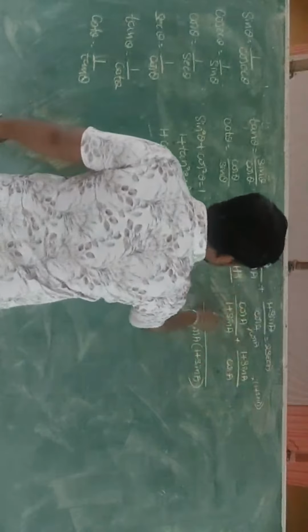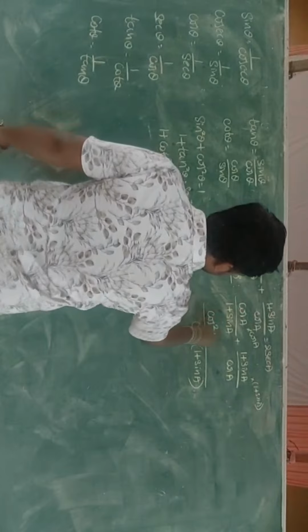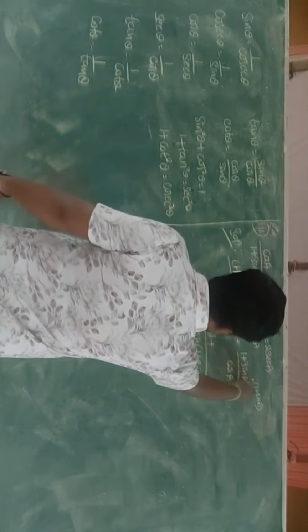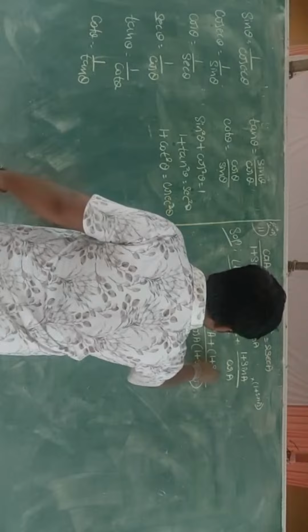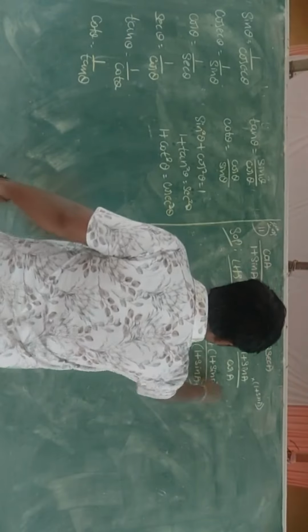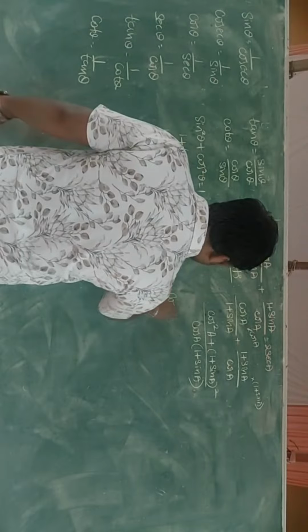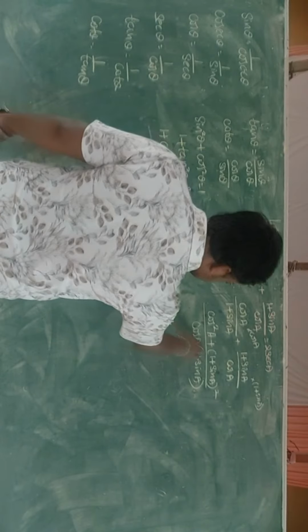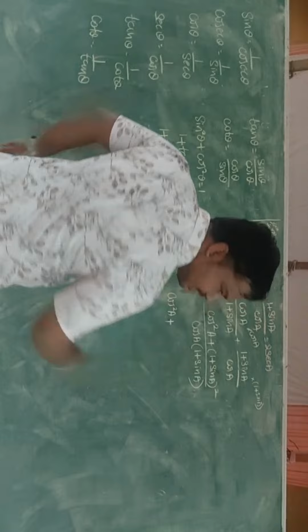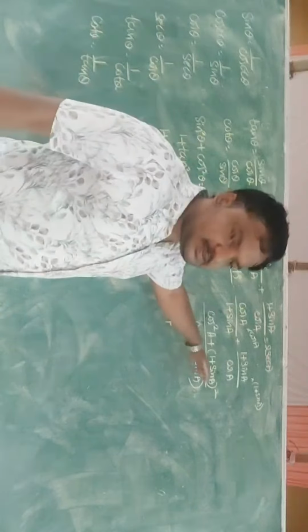So cos A into cos A gives cos square A, plus (1 plus sin A) into (1 plus sin A), which is (1 plus sin A) whole square. Now cos square A is written as it is, plus (1 plus sin A) whole square, which is in the form of (A plus B) whole square.